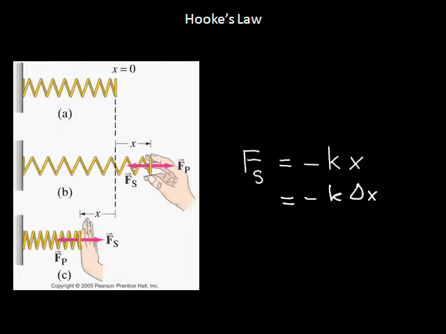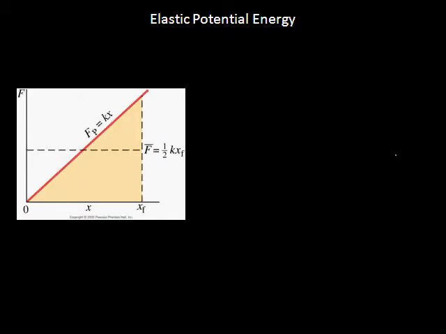So on the next slide, if we have a graph of F versus delta x, it looks like this. Here we've got plotted, rather than the spring force, the pulling force, the external force that's being applied, and that's going to be equal to k times x, which gives us a linear relationship between force and x. And if you extend the spring by a distance x_f, then looking at this graph you can see that the pulling force is not the same.